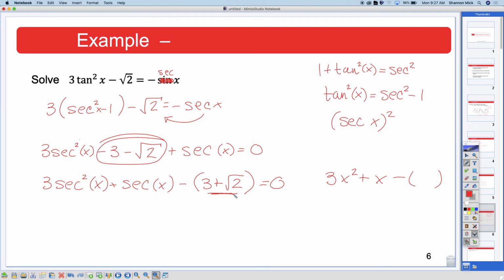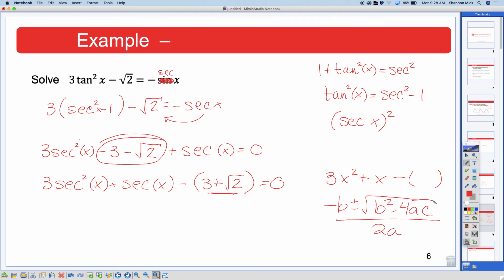The quadratic formula. Okay? Quadratic formula is negative b plus or minus the square root of b squared minus 4ac, all over 2a. And we've used that throughout the year. Anytime you have a quadratic, you have to set it equal to 0 and factor to solve it.